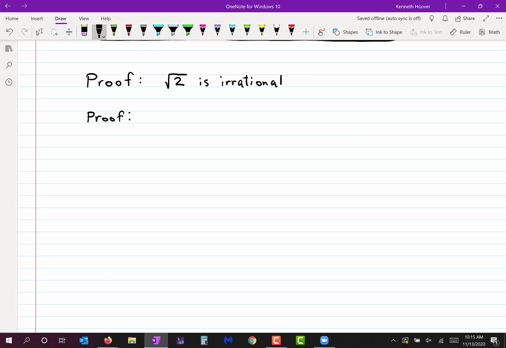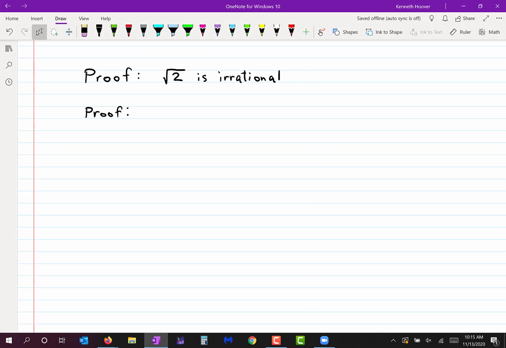Is being rational. So we are going to suppose the square root of 2 is rational. If we call this statement P, then this statement is the negation of P. Okay? All right.